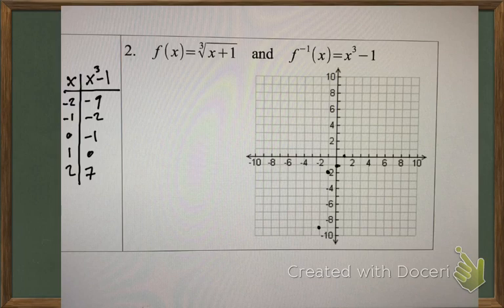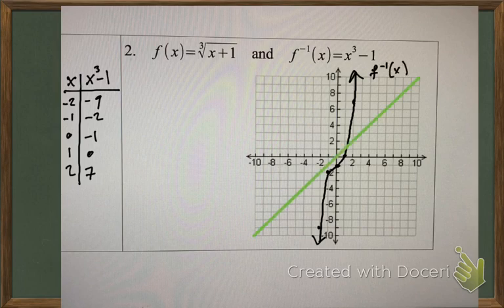So we'll go ahead and plot those points, and there is our cubic function shifted down 1 unit. Then we'll label that as the inverse. Now to find the original function, we'll switch the x and y from our t-table over there. I've also put in the identity y equals x. That's going to help us out when we're doing a little bit of sketching.